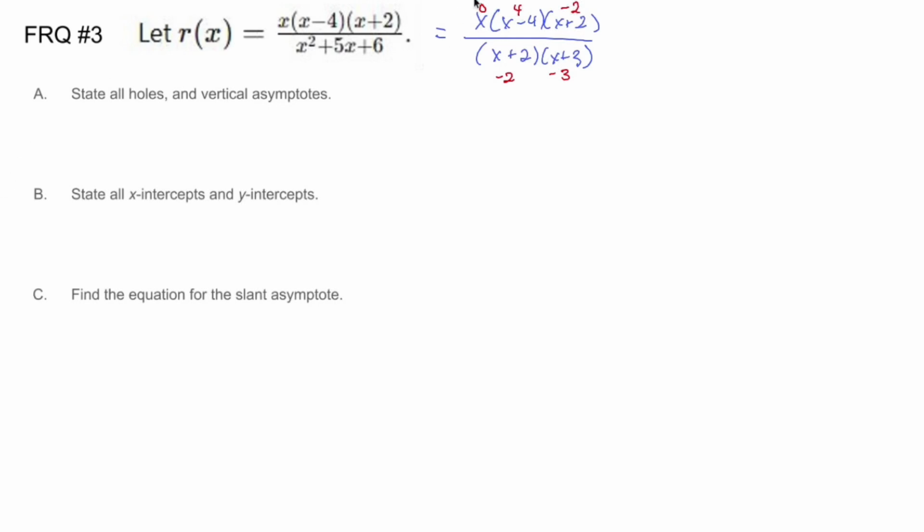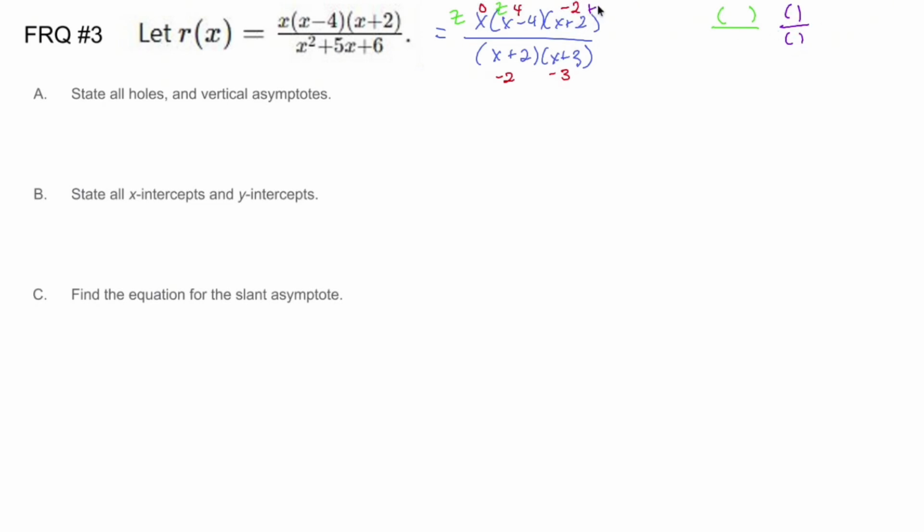Now, I'm going to label all of these what I know that they are. Okay, get it out of the way, even though I'm going to accidentally answer B a little bit, no big deal. Anything that has just a factor in the numerator and nothing like it in the denominator is going to be a 0. So 0 is a 0 and 4 is a 0. Now, anything that is in the numerator and the denominator the same amount of times is going to be a hole.